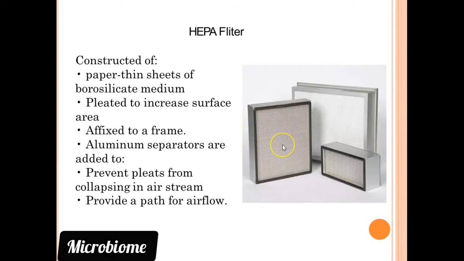Then there are aluminium separators added to prevent pleats from collapsing in the airstream and which provide a path for airflow. So when air passes through these HEPA filters, that air is collected by this aluminium separator and from there comes to the working space.